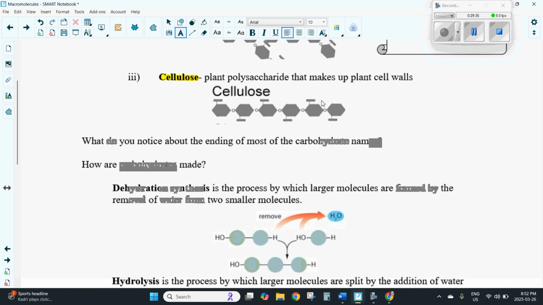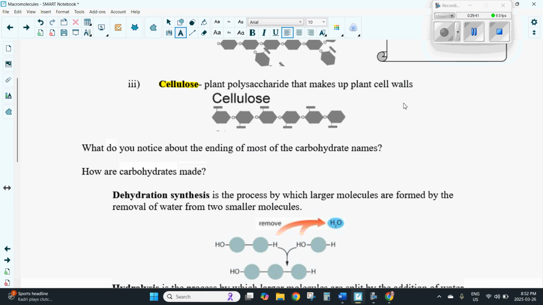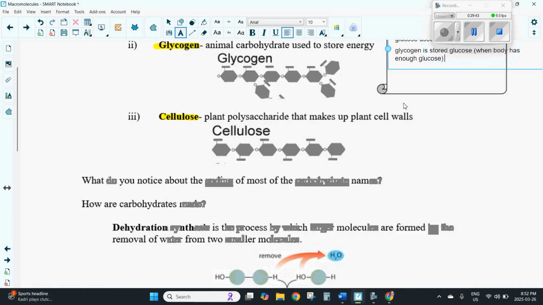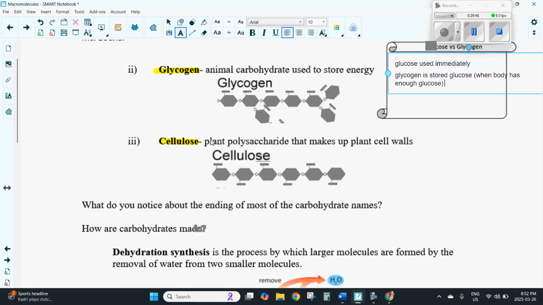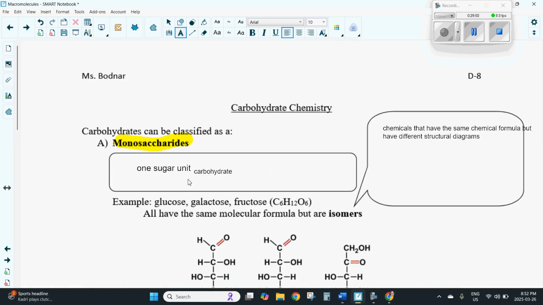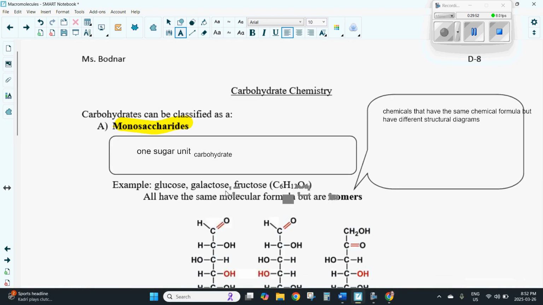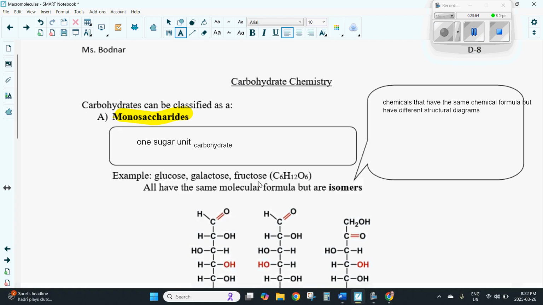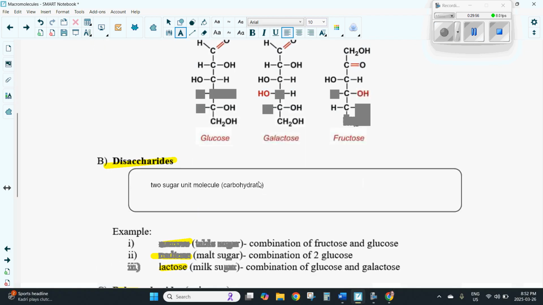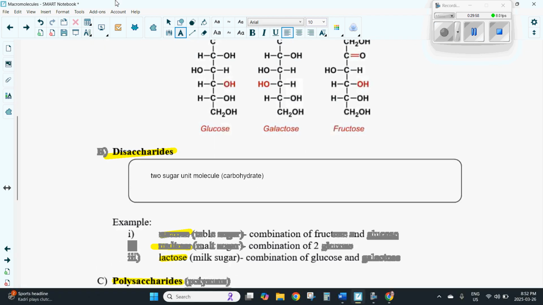So what do you notice about the ending of most, not all, but most endings of carbohydrates? We have cellulose. Glycogen doesn't fit into the category, unfortunately. Glucose, galactose, fructose, sucrose, maltose.